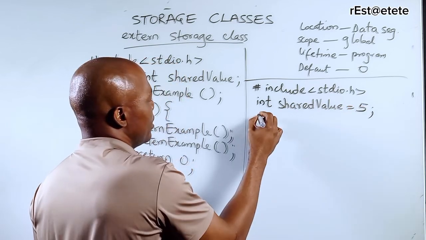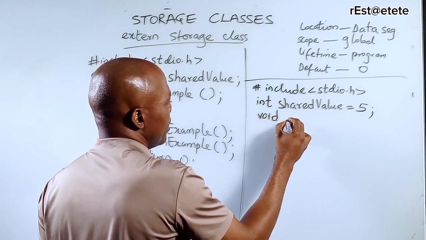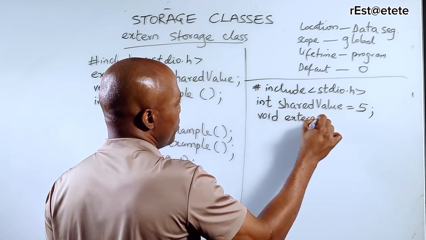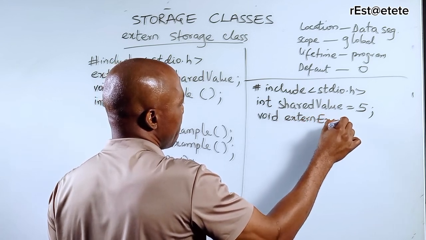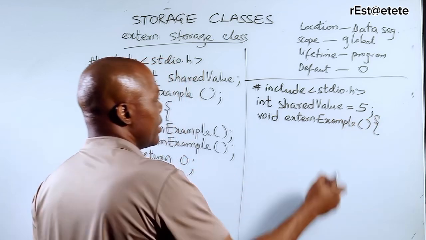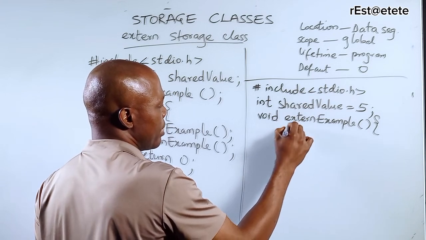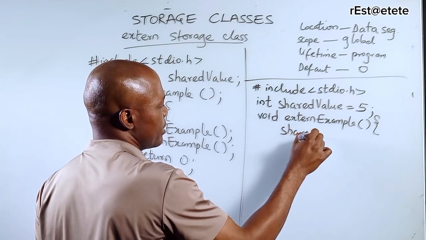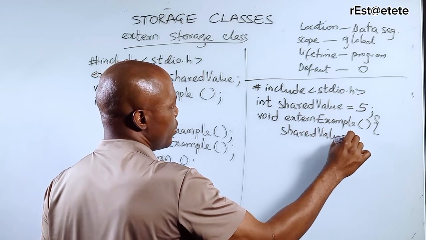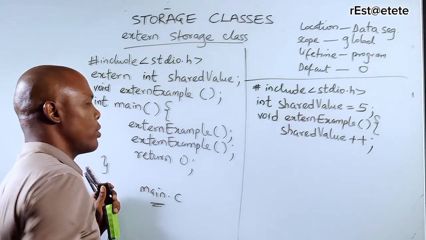Then the function definition, void extern example. Inside this, I'm going to increment my shared value. So I'll say shared value plus plus. So I'm increasing the value inside this function.